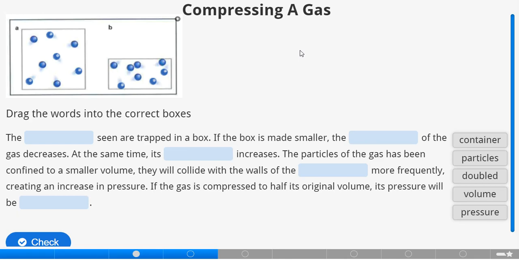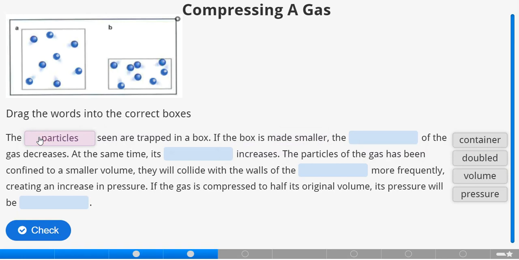So let's use them to do the following activity by dragging the words into the correct boxes. The particles seen are trapped in a box. If the box is made smaller, the volume of the gas decreases.